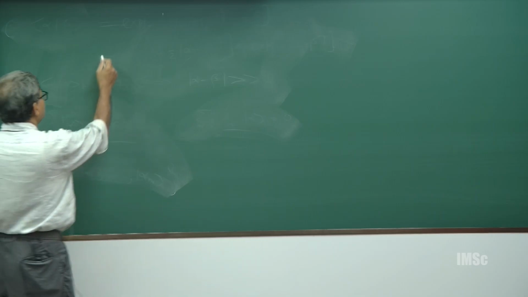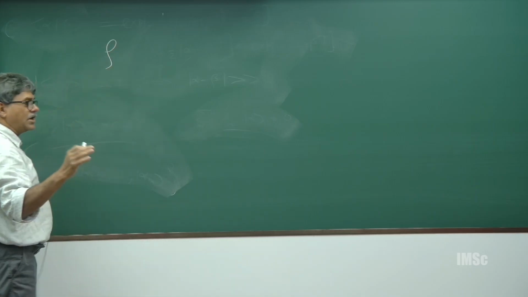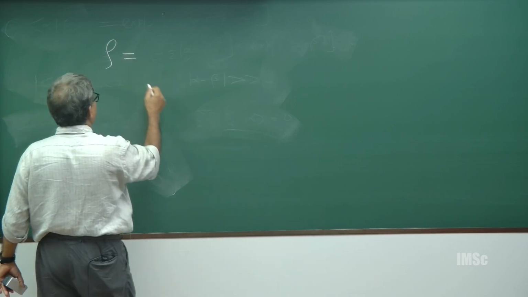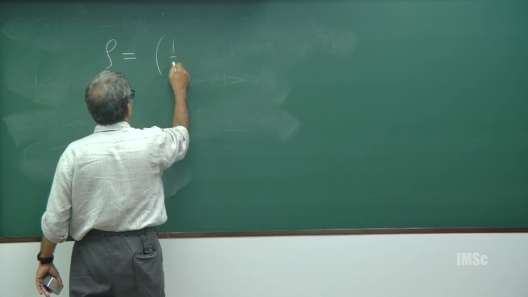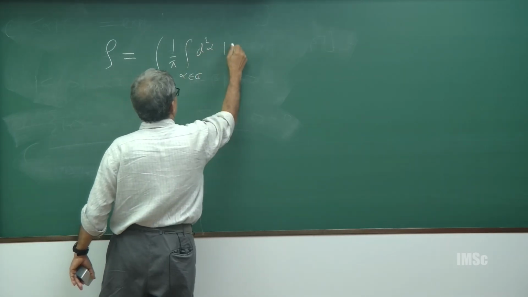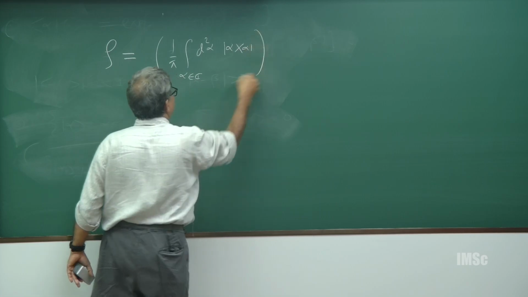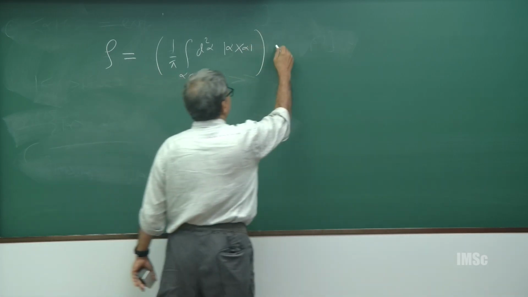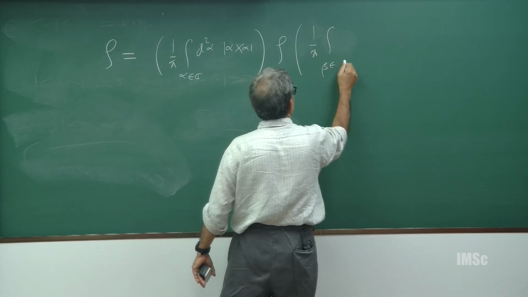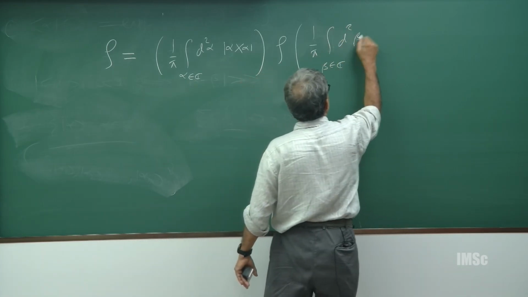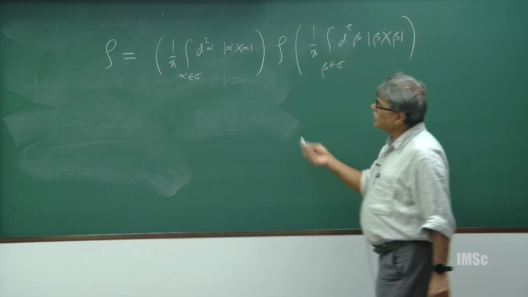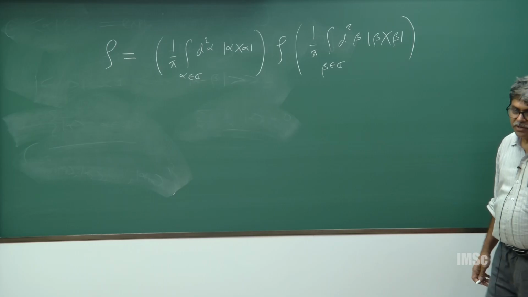So you choose any density matrix of my quantized electromagnetic field single mode, I can write it as, this is simply identity operator, this is rho, another identity operator. I can always do that, right.